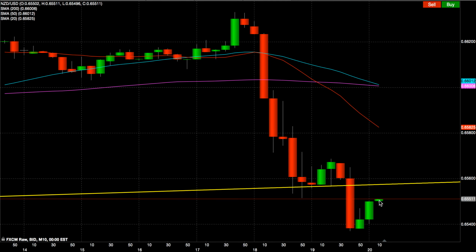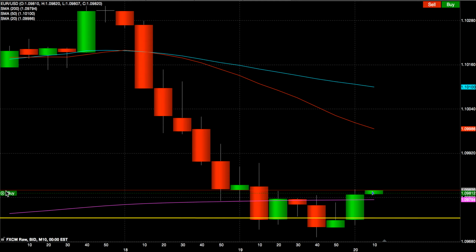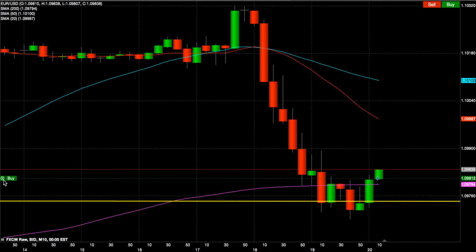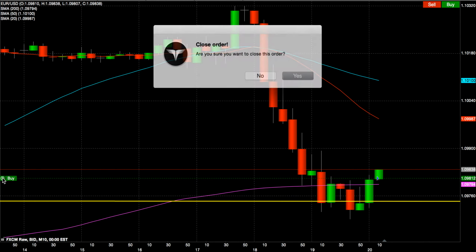So let's see if I can make a quick trade here. I am up about 1 pip or so. See if we can get a quick pop on the euro dollar. Make up for the small loss I took just now. Yep, there we go. And I'll take it.